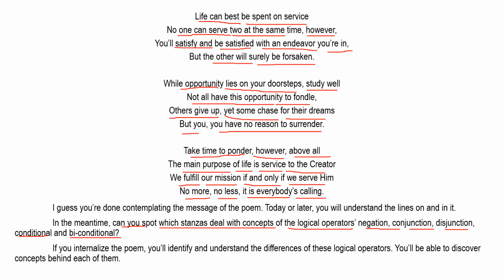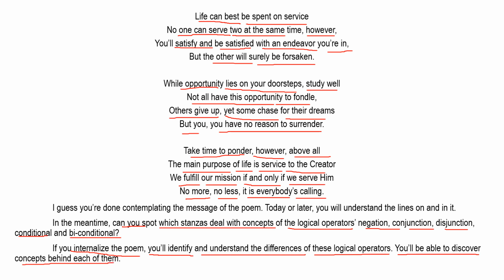With the use of and, or, not, but, if then, and if and only if, those are phrases that we can consider as representing negation, conjunction, disjunction, conditional, and biconditional. If you internalize the poem, you will identify and understand the differences of these logical operators. You will be able to discover the concepts behind each of them.